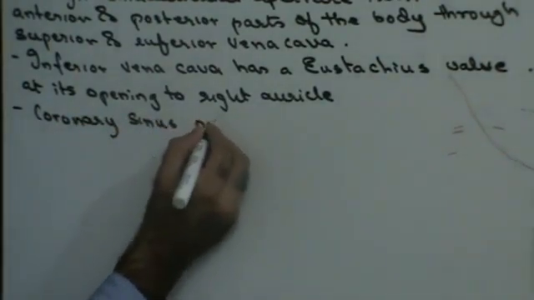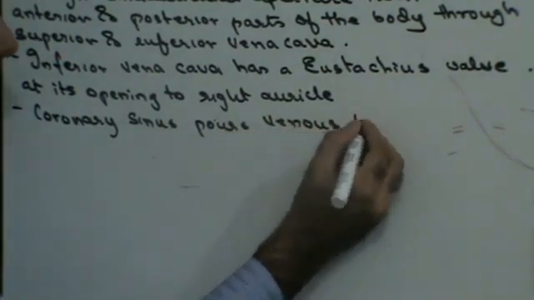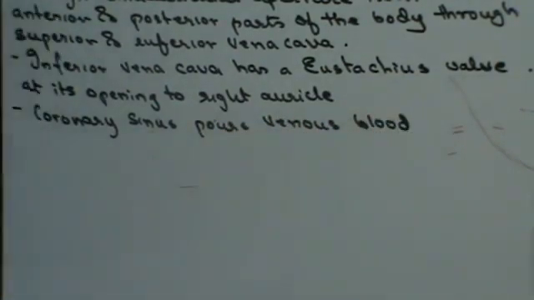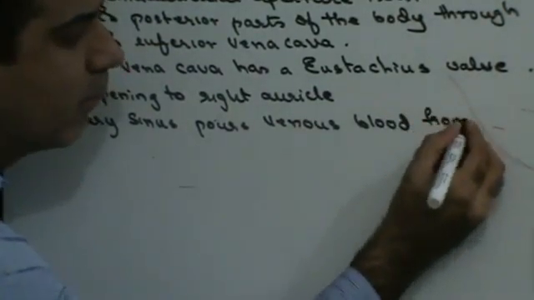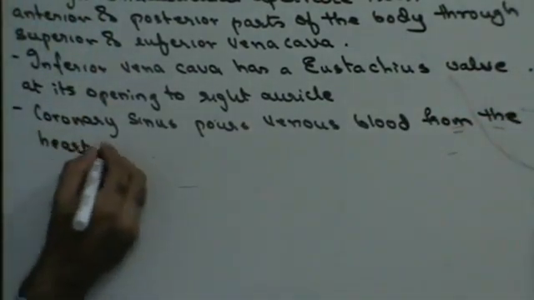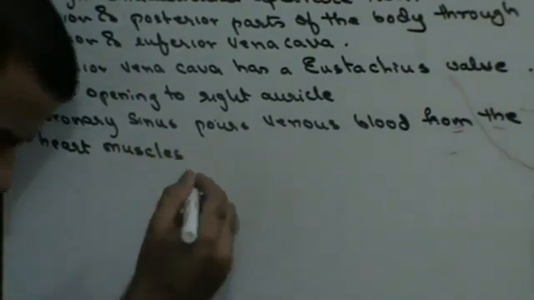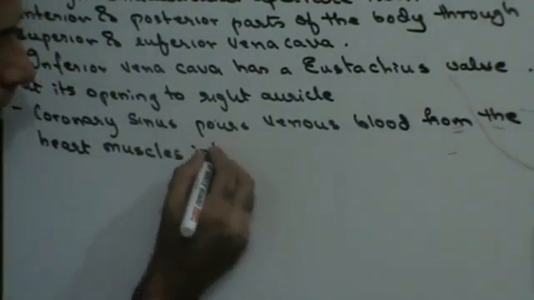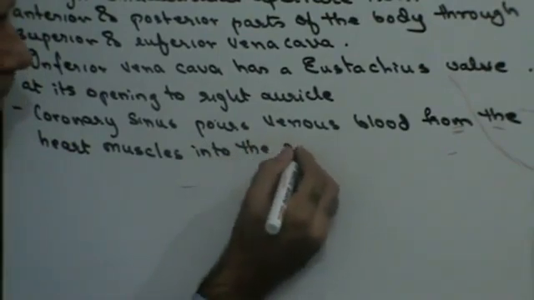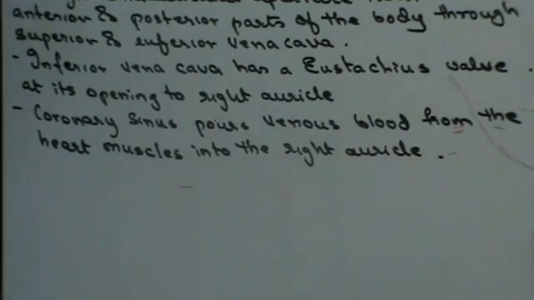The coronary sinus pours venous blood from the heart muscles into the right auricle. Right?